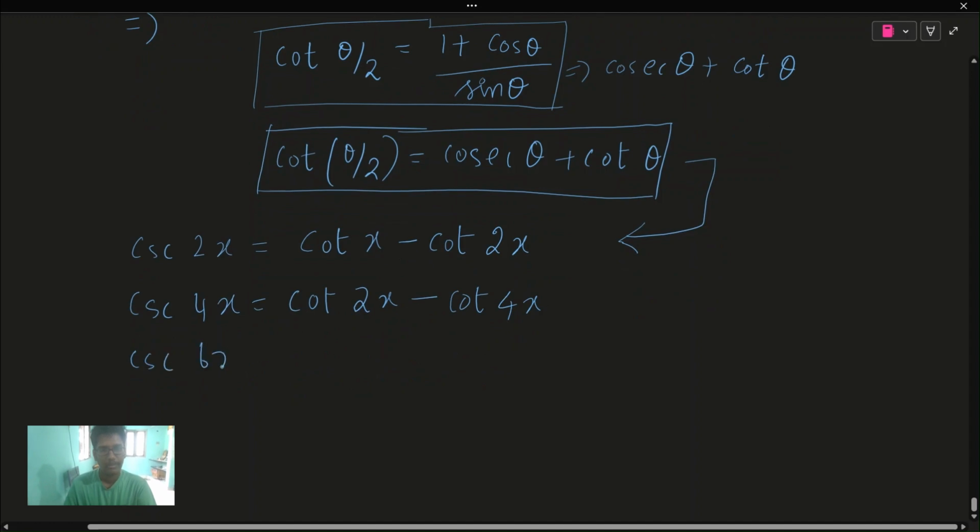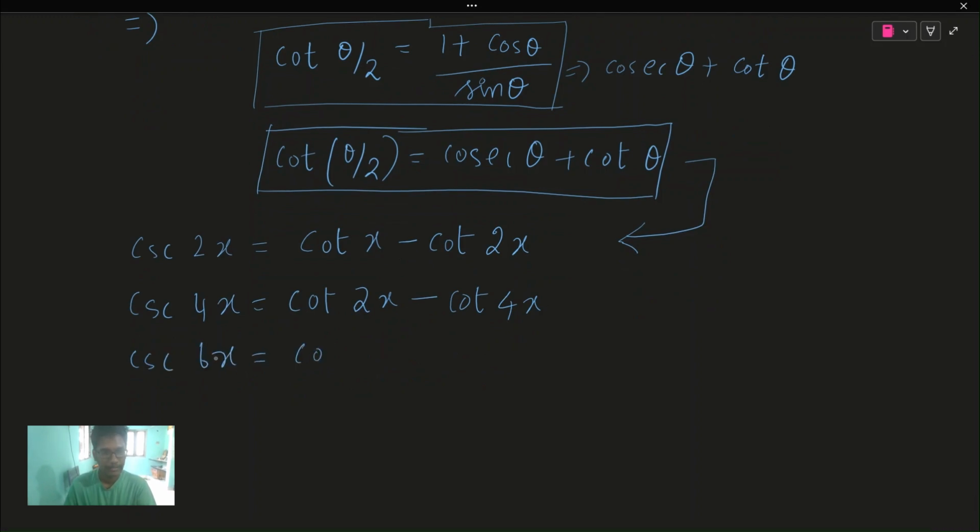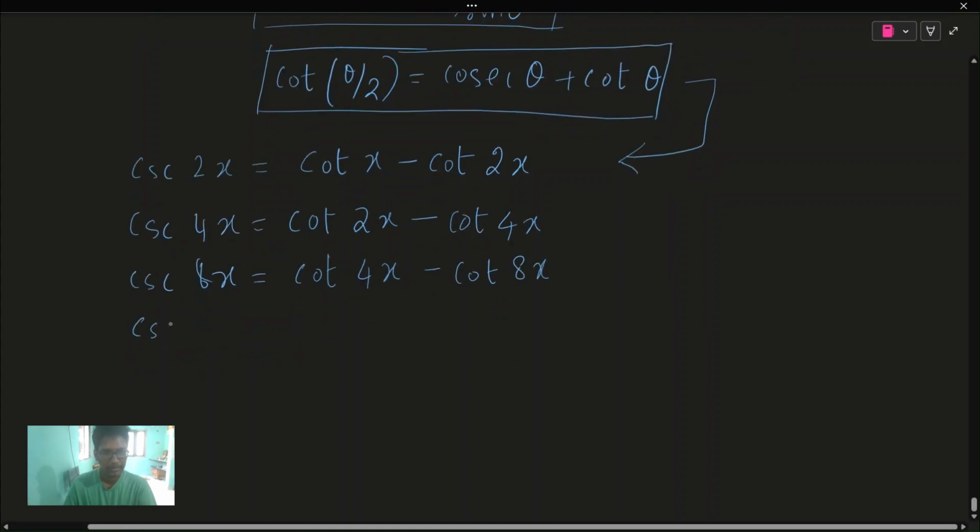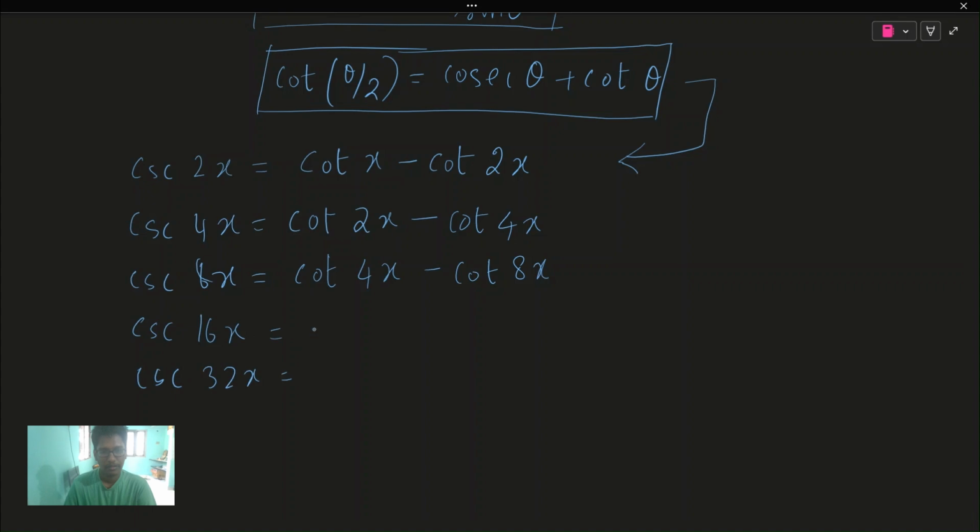Cosecant 8x can be written as cot 4x minus cot 8x. In the same way, cosecant 16x and cosecant 32x can be written in that particular form. Just add all these equations as given in the LHS.